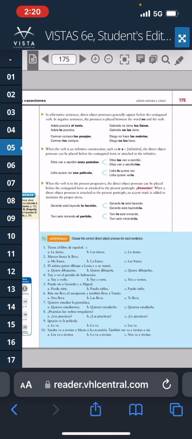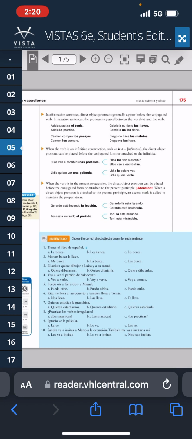In affirmative sentences, direct object pronouns generally appear before the conjugated verb. In negative sentences, the pronoun is placed between the word no and the verb. Adela practica el tenis. Adela lo practica.